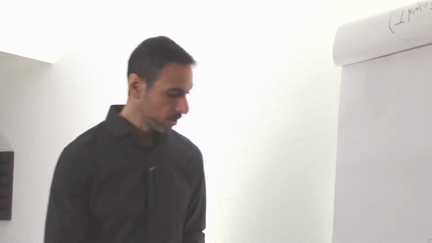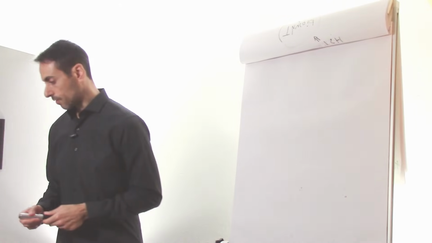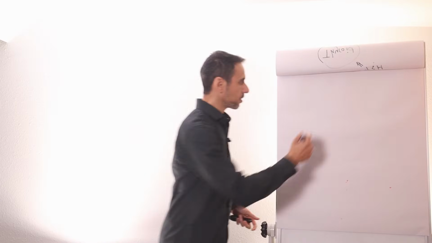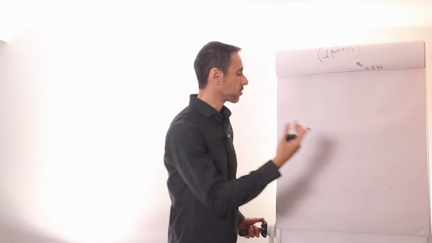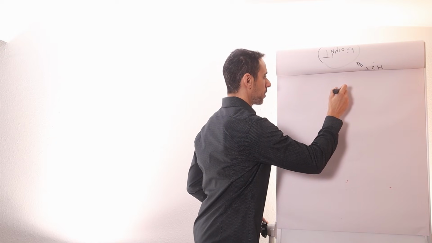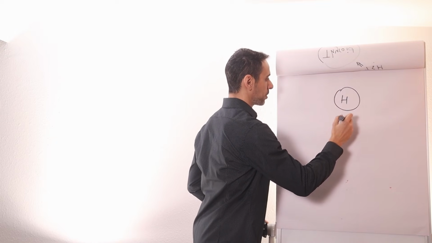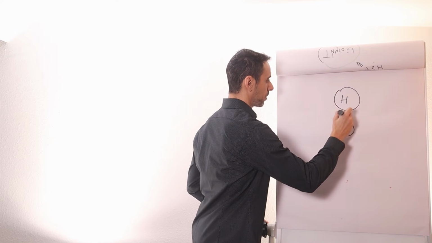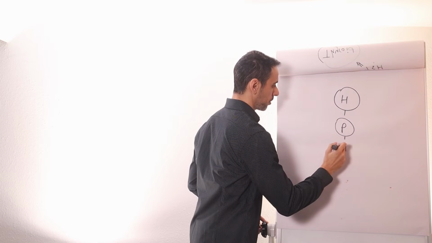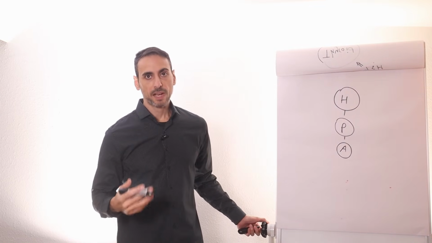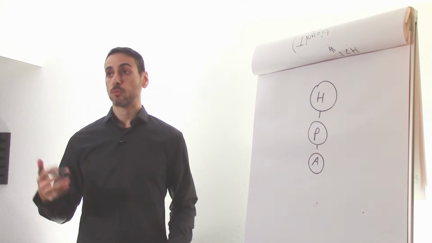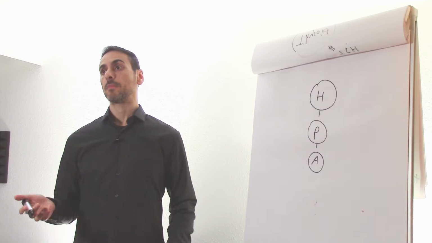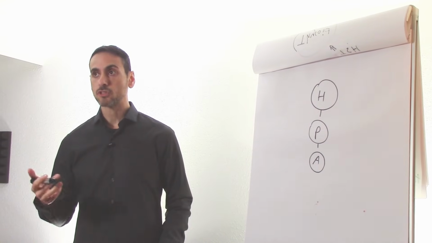I'm going to draw it over here so we'll have a very clear visual of it. So the HPA axis, also referred to as the stress regulation axis. Here we've got the H for hypothalamus, P for pituitary, and A for adrenals. Now the HPA axis is our main stress response system, and its job is to keep us alive during stress.